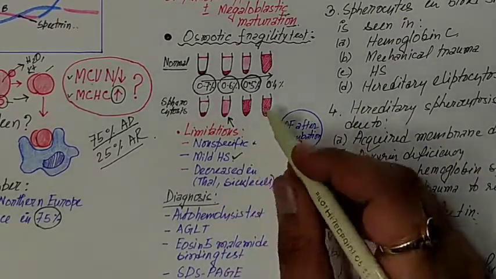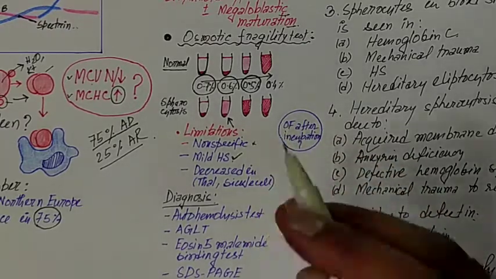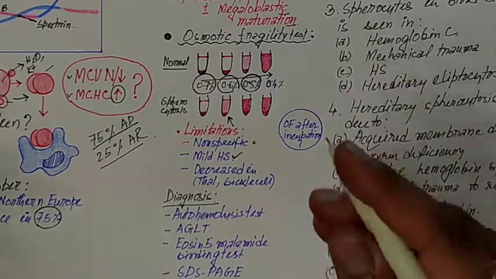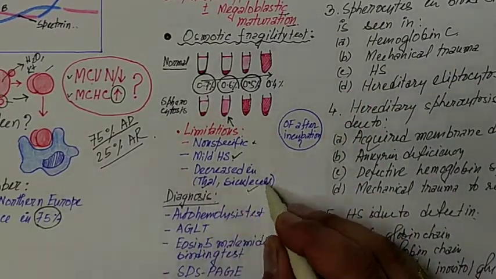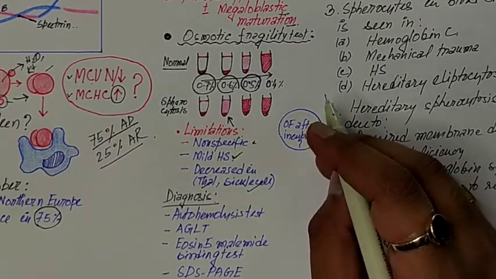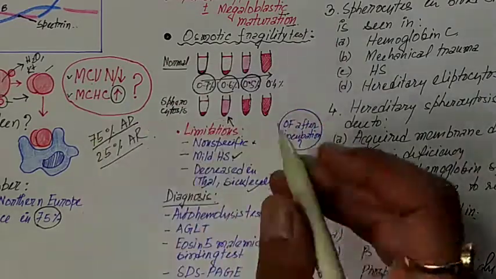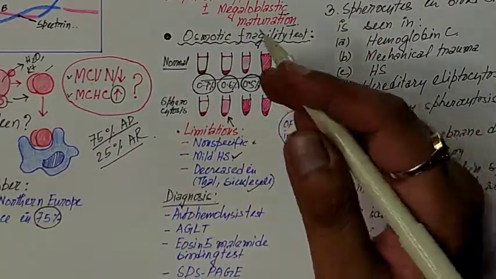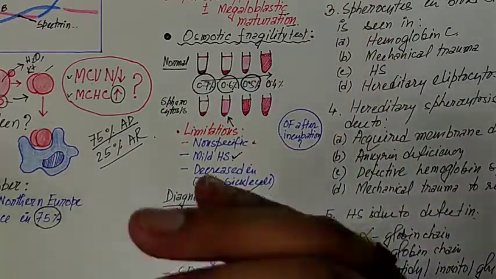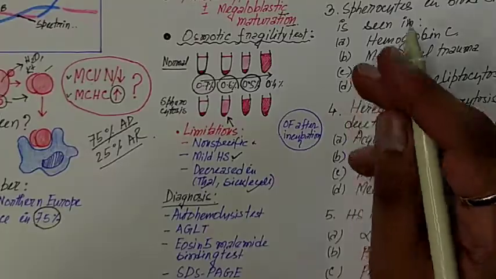And also the amount of hemolysis decreases when these cells are resistant to hemolysis, as in the presence of thalassemia or sickle cell disease. So if there is co-inheritance of these conditions along with hereditary spherocytosis, there is a chance of getting a false negative result.